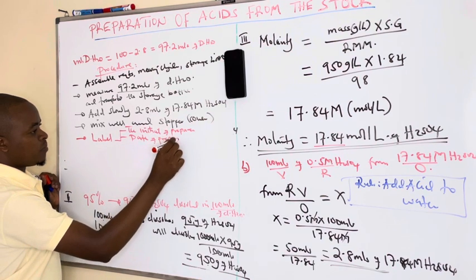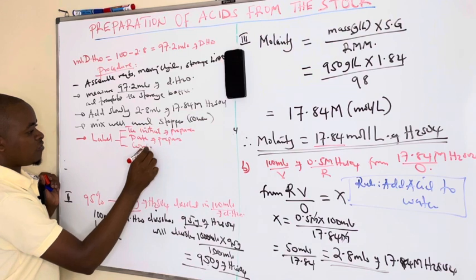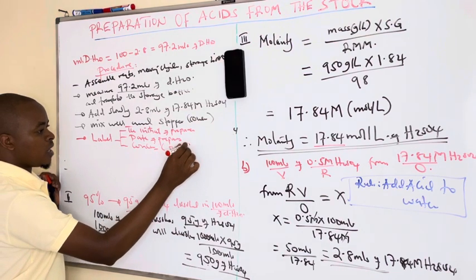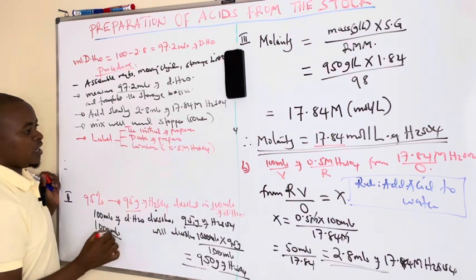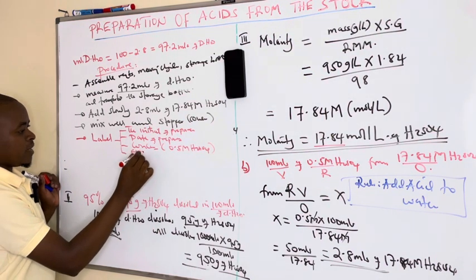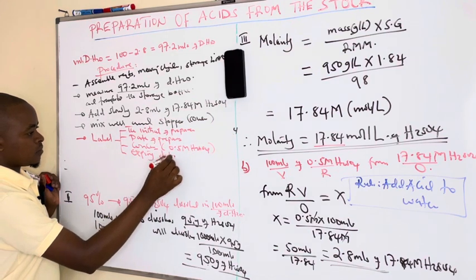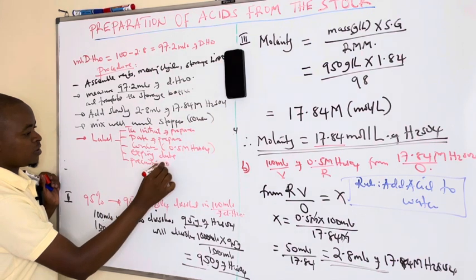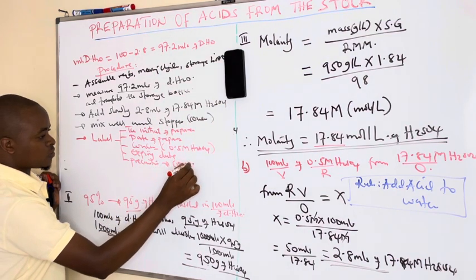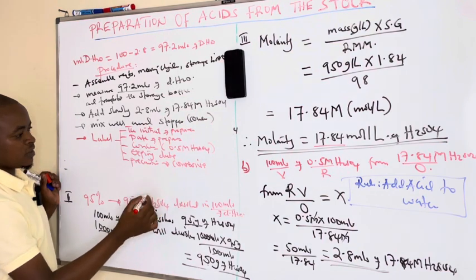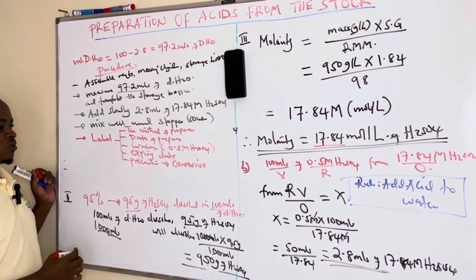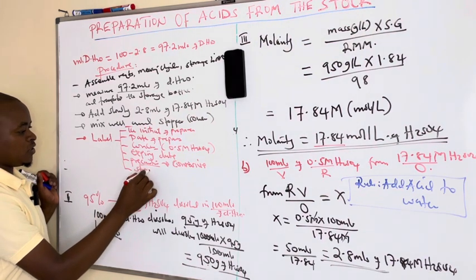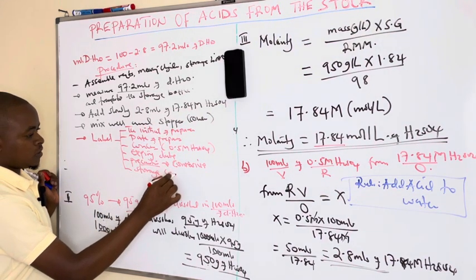You indicate the concentration of the acid prepared, and here we shall put 0.5 molar sulfuric acid. You put the expiry date, and you put precautions. Among the precautions we can put, it is corrosive, meaning you should not touch it without protective gear. And also you can indicate storage conditions.